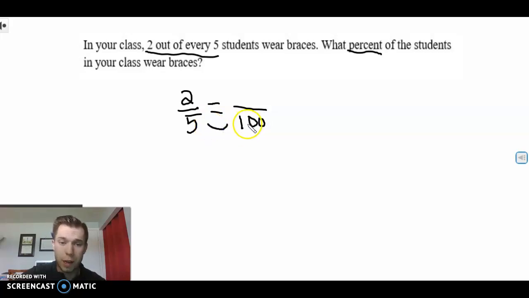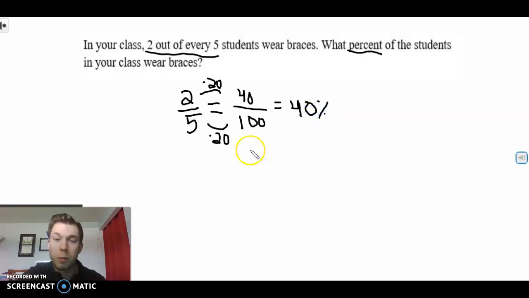Once again, you could divide 100 by 5, and that would get you 20. So the constant that we're going to multiply each of the numerator and denominator by is 20. 2 times 20 would get you 40 out of 100, which would be 40%. So that means 40% of the students in your class wear braces.